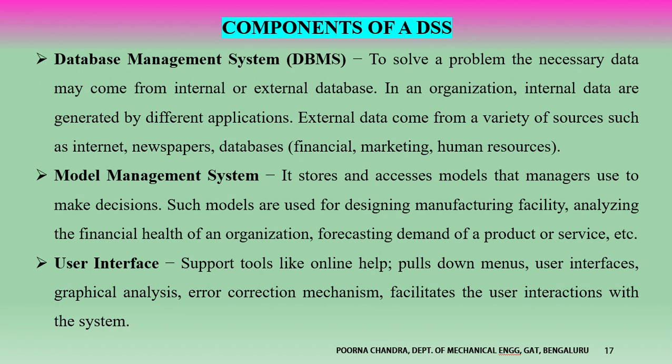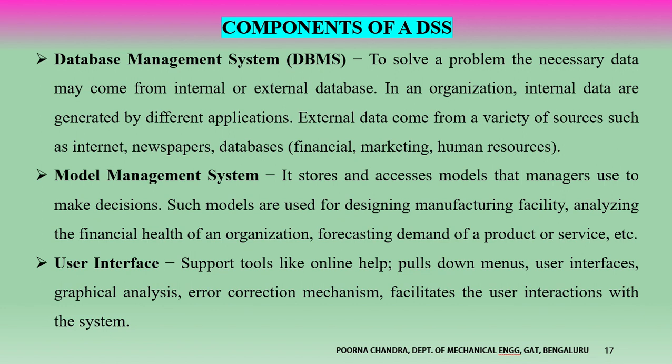Next, the components of DSS. Number one, as we explained, database management system, also known as DBMS. To solve a problem, the necessary data may come from internal or external database. So two kinds of data are there: one is internal database, the other is external database.